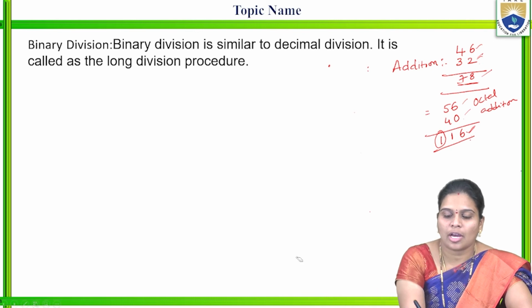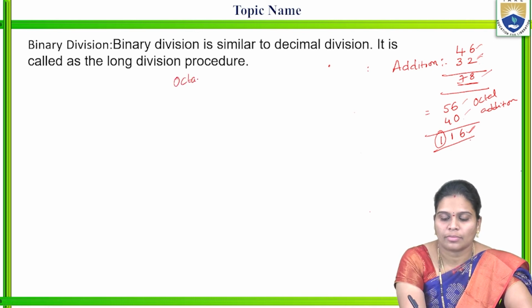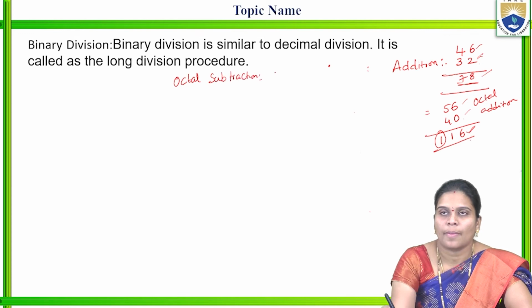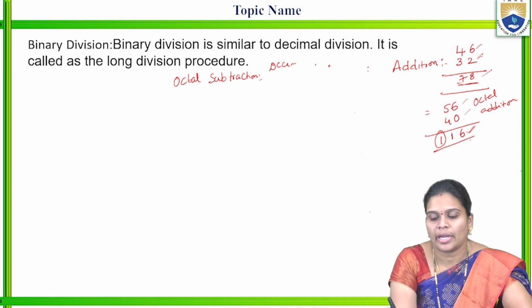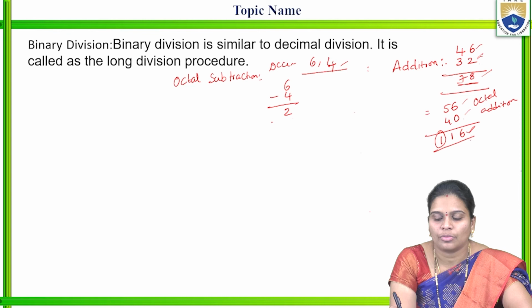In this octal subtraction, the decimal values are 6 and 4. Both of these values are less than 7, so these two are also considered octal values. So in this octal subtraction, 6 minus 4 is 2.